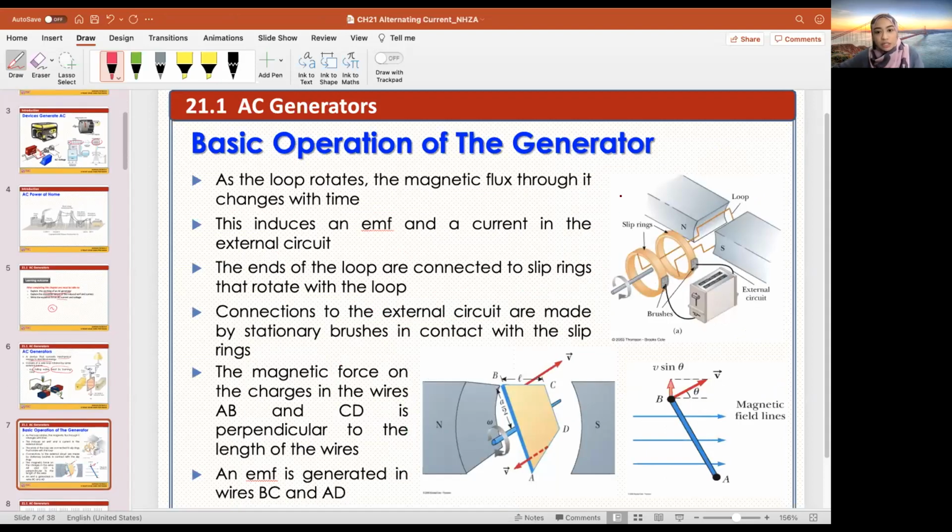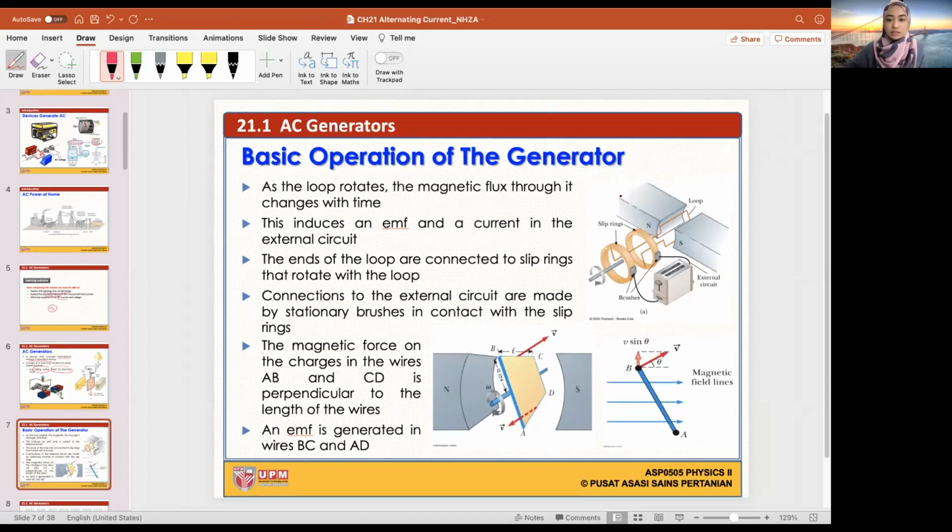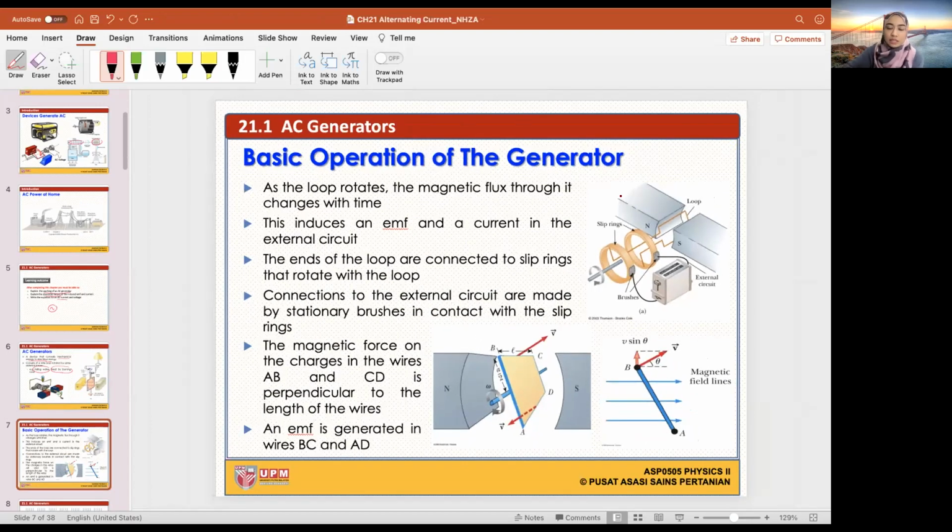Okay, so the basic operation of a generator. So many words. Wait, let me try to minimize it. Okay. As the loop rotates, let's go through this together. As the loop rotates, the magnetic flux through it changes with time. Let's talk about magnetic flux. The magnetic flux equation is BA cosine theta.